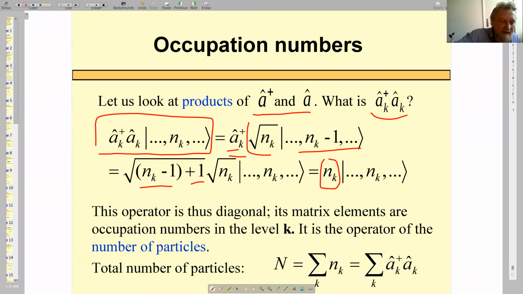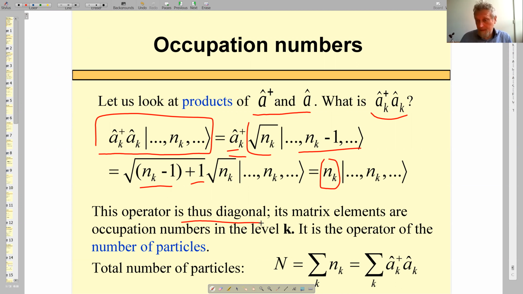So the operator is diagonal in the basis which we have chosen, the basis of number states in Fock space, and its matrix elements are conveniently the occupation numbers of this particular level.